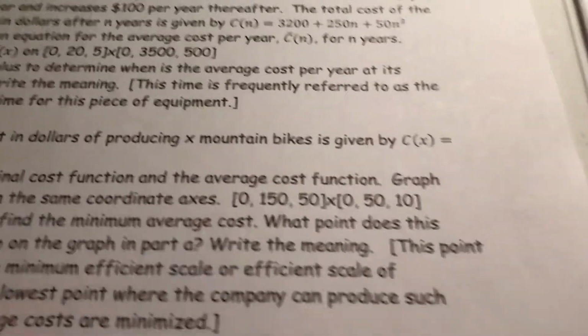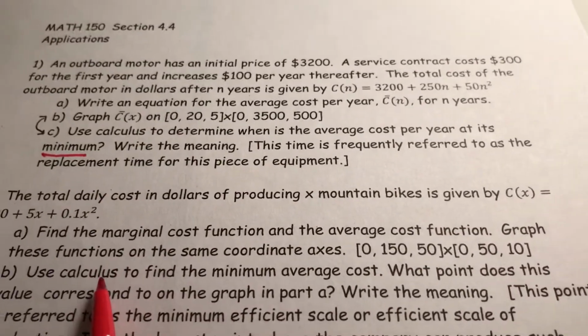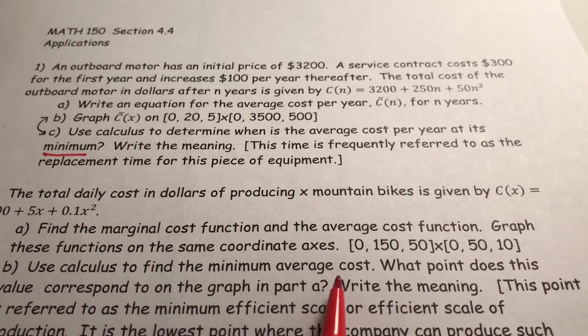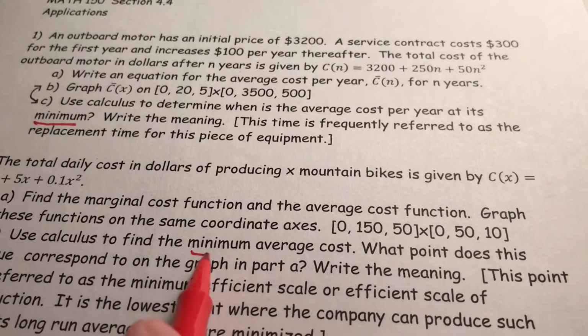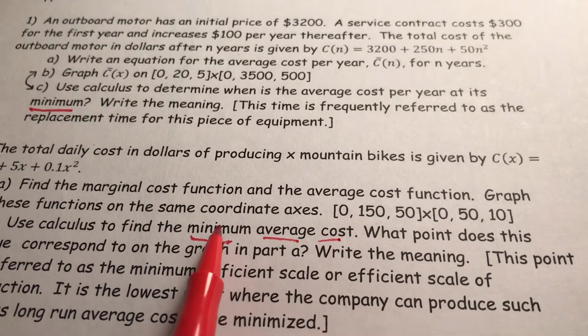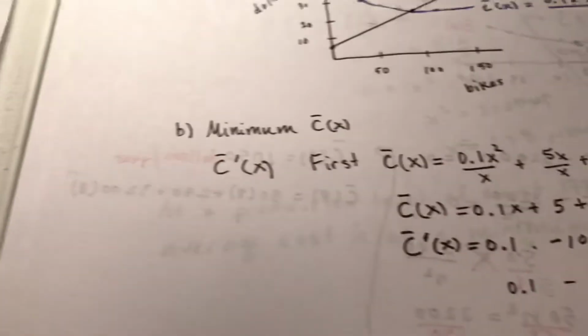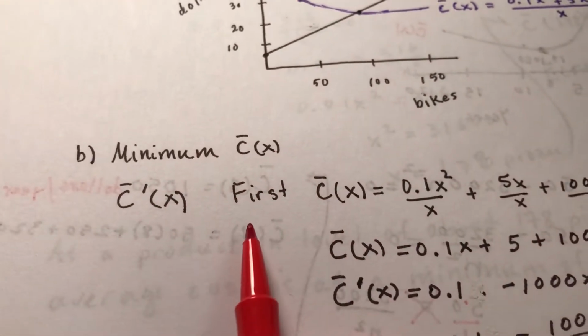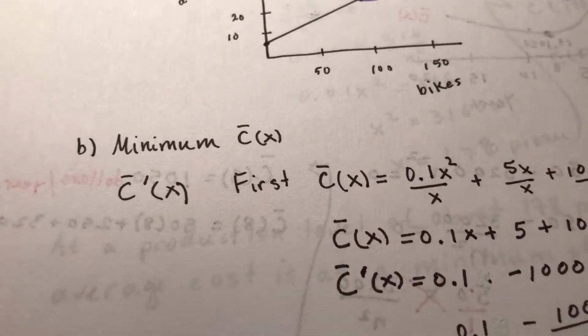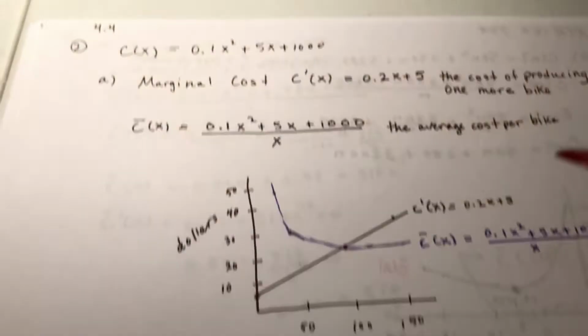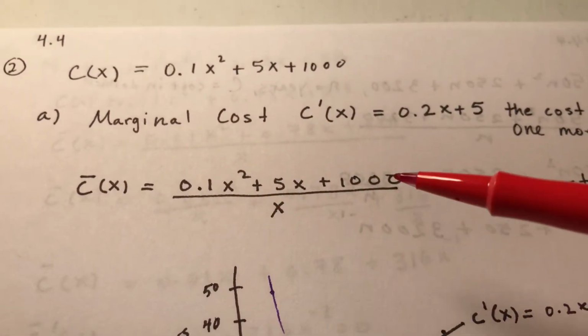What's part B say? Use calculus to find the minimum average cost. All right, so we're looking for minimum average cost. Minimum says take the derivative of that function. So looking at the derivative of the average cost, remember what your average cost function looks like. I need to take the derivative.